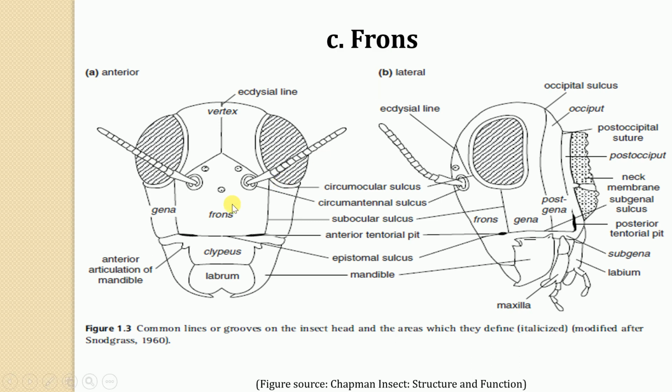This means the frons is also physiologically very important, because it provides a site of attachment for various kinds of muscles. For example, the pharyngeal dilator muscles, labral hypopharyngeal muscles and the adductor muscles of the mandible are all attached on the inner side of the frontal region. So this is about the sclerite known as the frons.